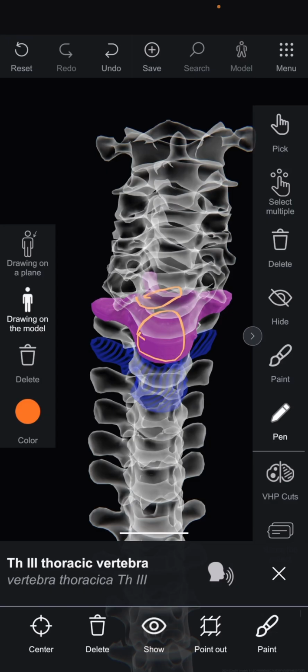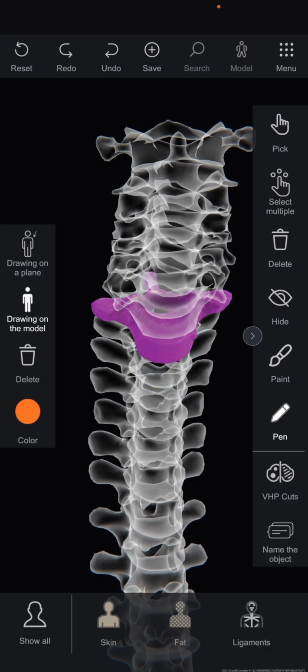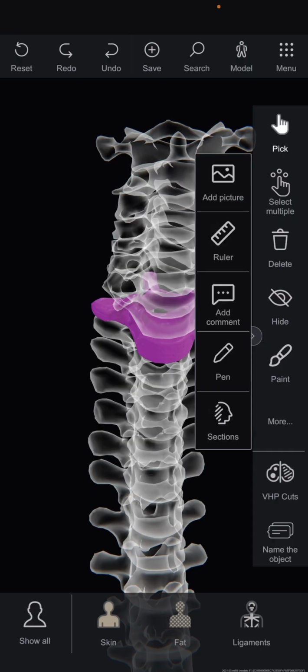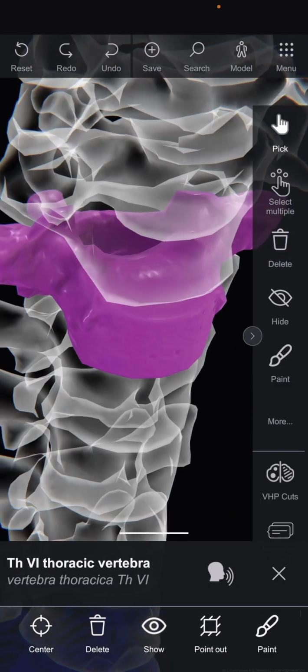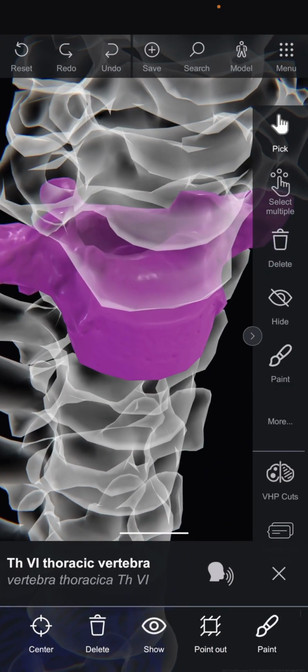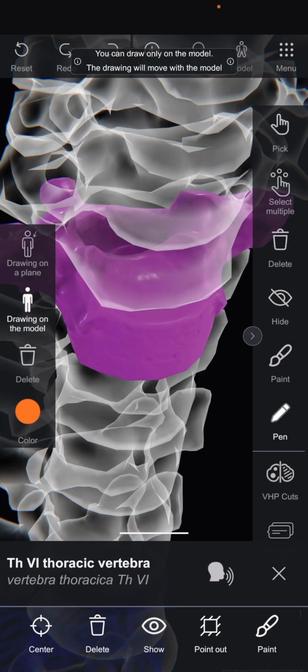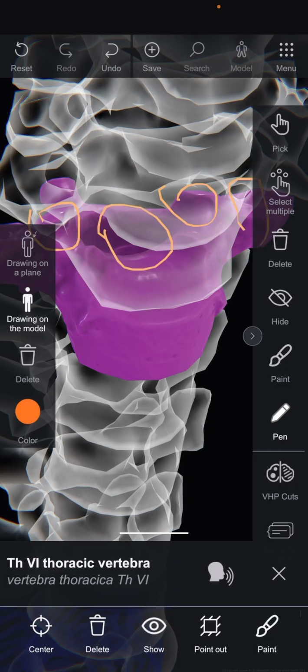Then we have other formations which are similar to the other vertebrae. Now I'm going to show. If you look here, we have the superior articulating surface and the inferior articulating surface. From below we have the vertebral canal and the transverse process.